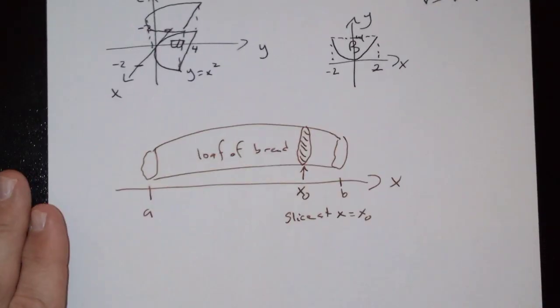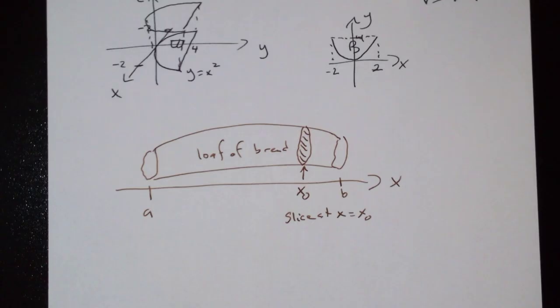But if I picture a slice of bread, what does a slice of bread look like? I don't care if you take it from this loaf or not. The slice of bread has got a thickness to it, right? But the shape on the top of that thickness and the shape on the bottom of that thickness, if I looked at it like this, wouldn't they look just about exactly the same?